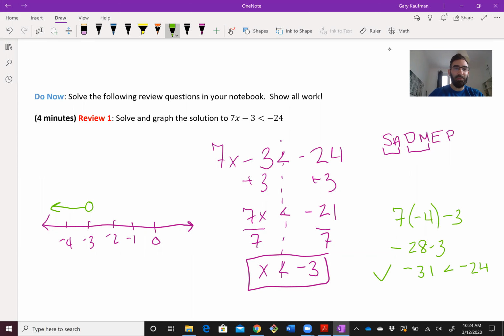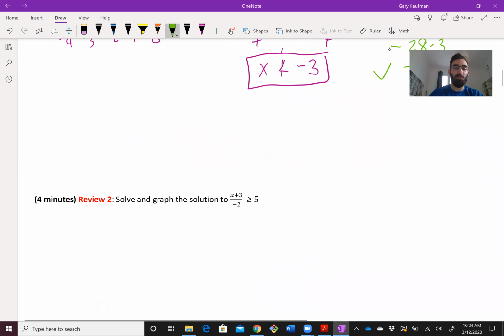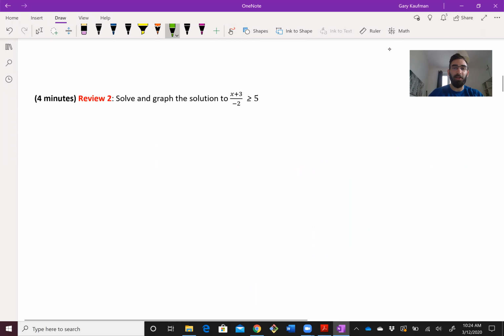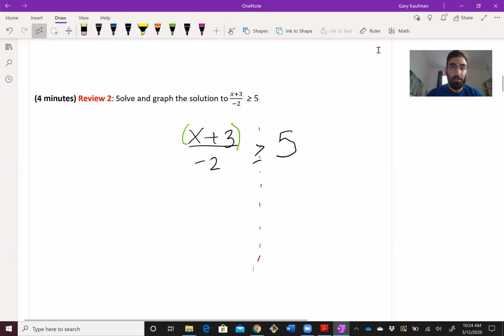All right, let's go on to review number 2. Go ahead. So I rewrote the question, and as you see, I wrote those implied parentheses in. Whenever we have a fraction, we have those implied parentheses. Again, something that we've been forgetting, so that's why I put that in there as a review.